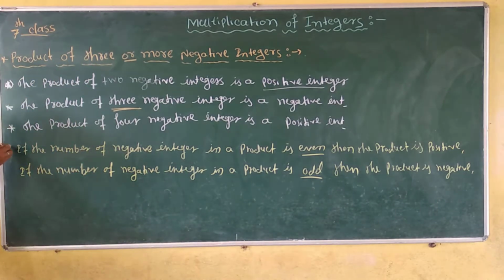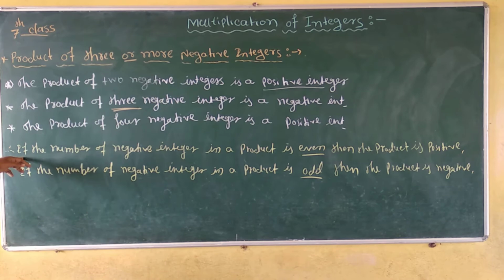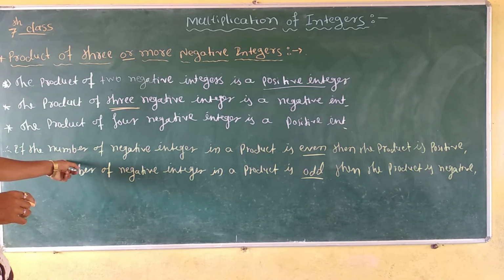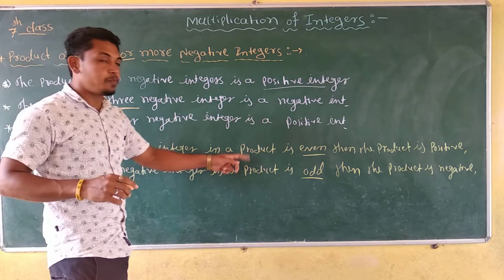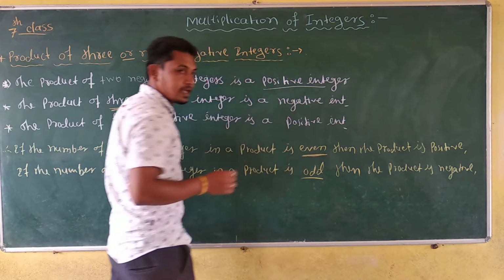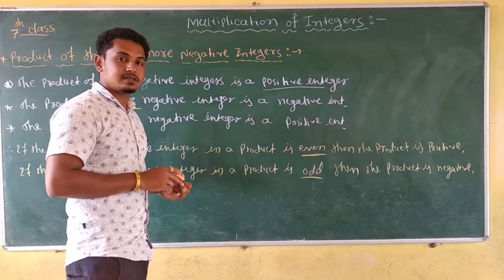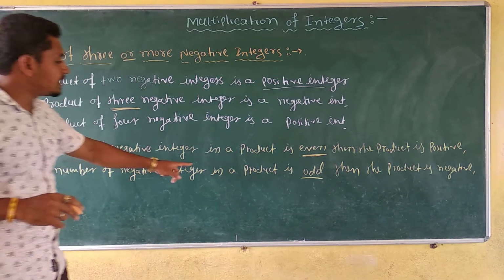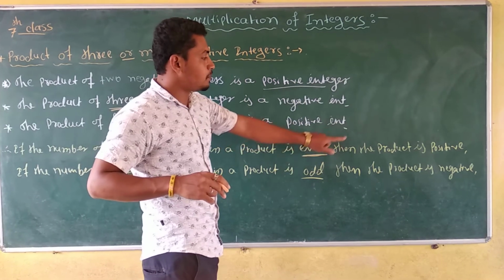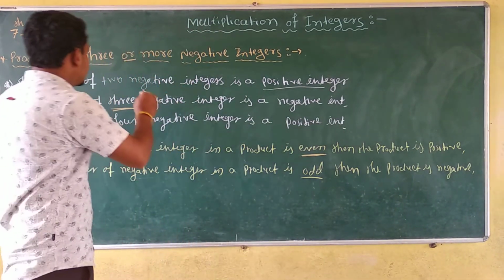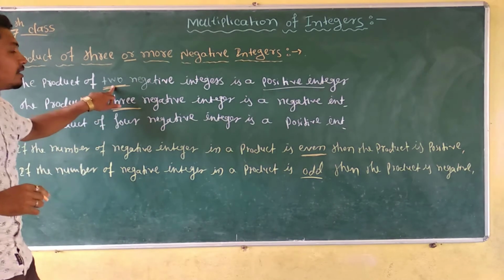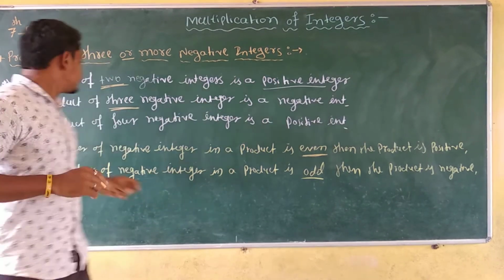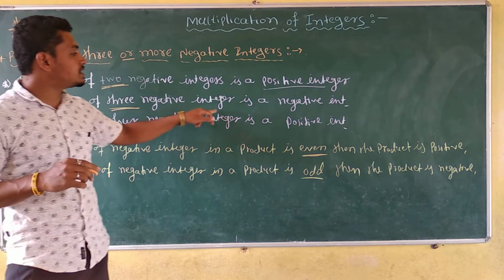So we can conclude: if the number of negative integers in a product is even, meaning 2, 4, 6, 8, 10 and so on, then the product is positive. Two is an even number, so the product is a positive integer.